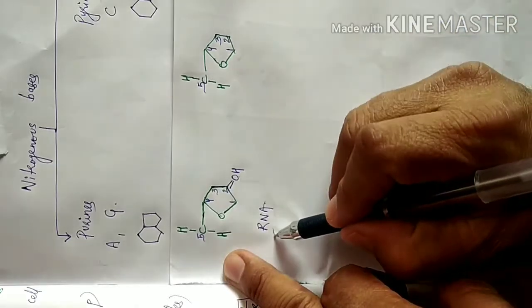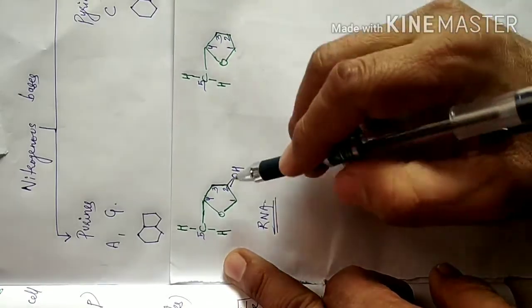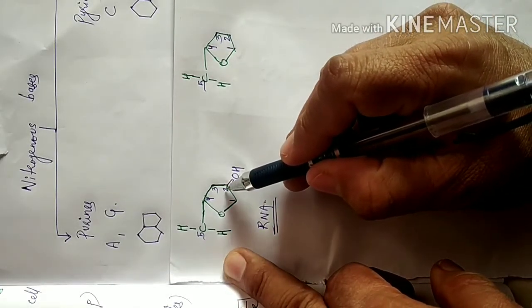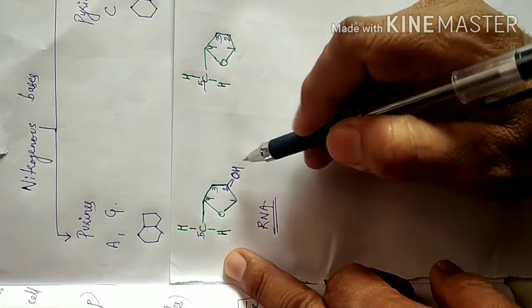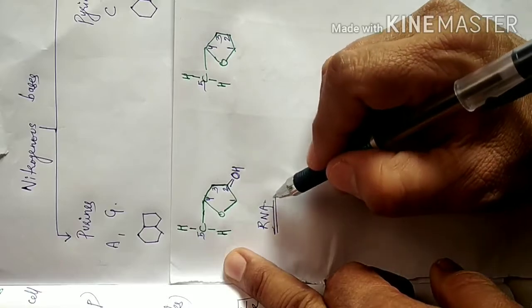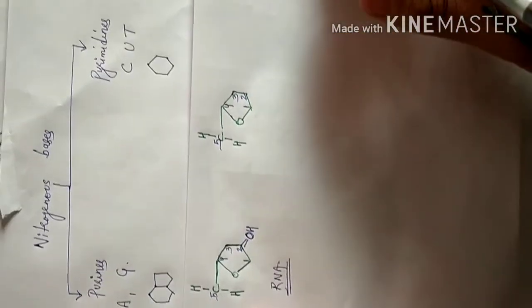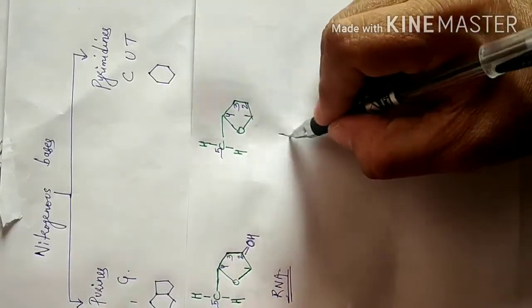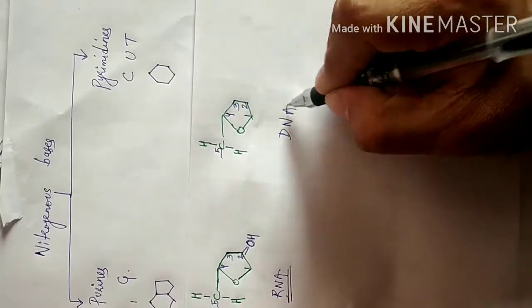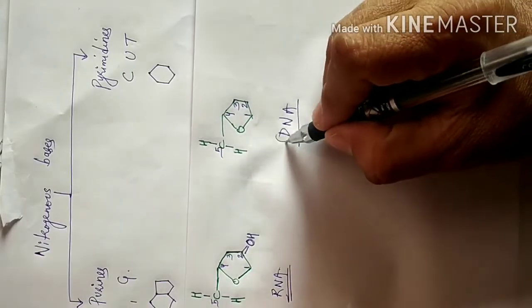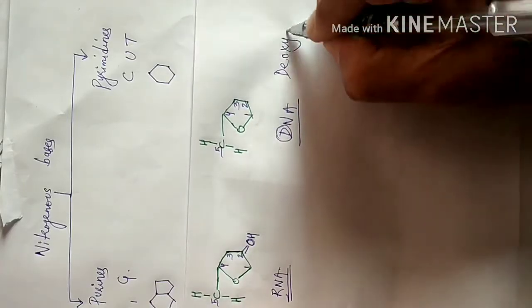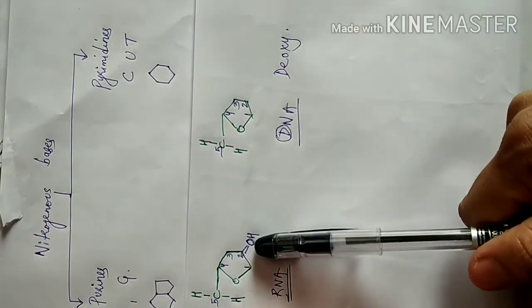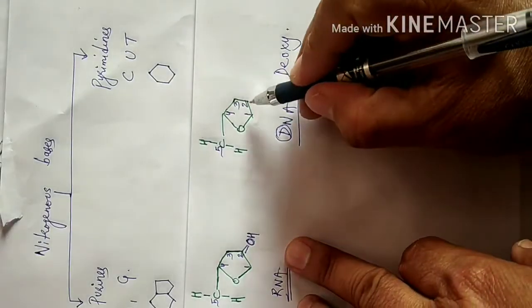So this is the structure of RNA. In the 2-carbon position there is the presence of one OH group. So this is ribonucleic acid. And the other one here on the right-hand side is DNA. The full form of DNA is deoxyribonucleic acid, so that means there is removal of oxygen, that is the OH group is removed from the 2' position.